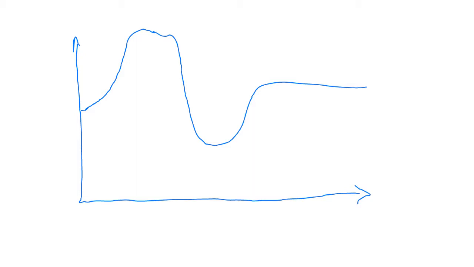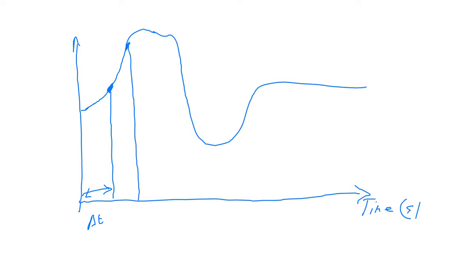we set up this delta T, which is the difference in time. So this is time over here, probably in seconds or even milliseconds. I'm just hand drawing it so they're not nicely laid out.